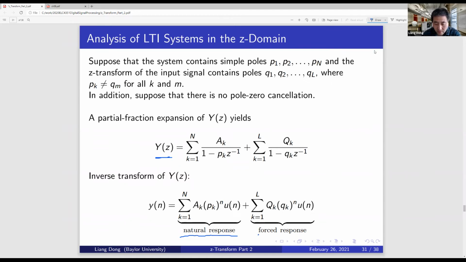The second term we call the forced response. Natural response, given that it is a natural evolvement of my system, has nothing to do with the input signal x. It will happen anyway, because this is according to your system H. The second term is the forced response. It is forced by the input signal x, so everything follows the input signal.